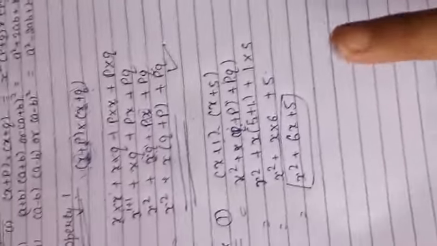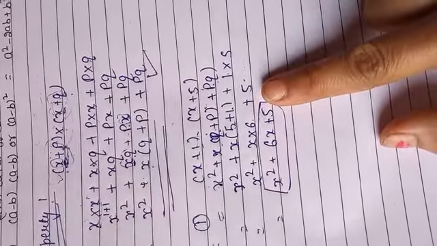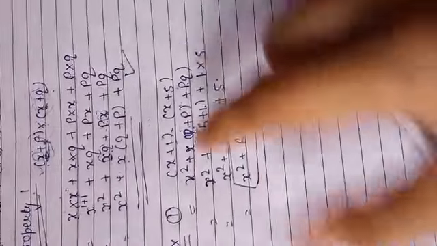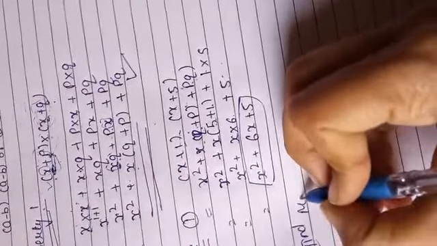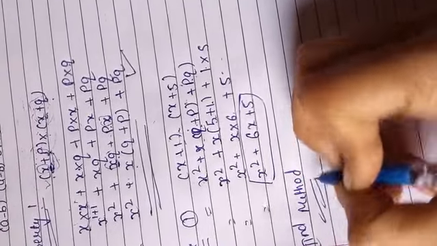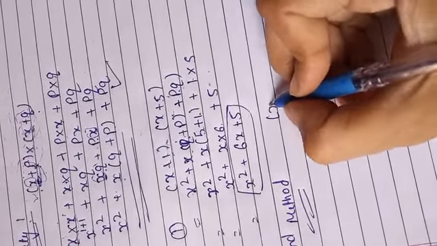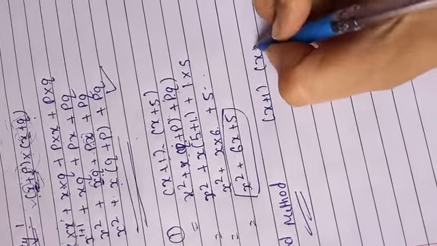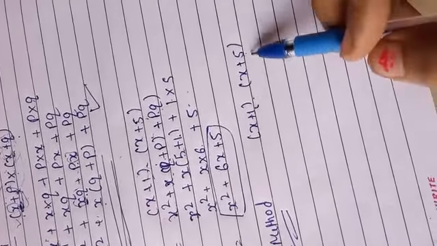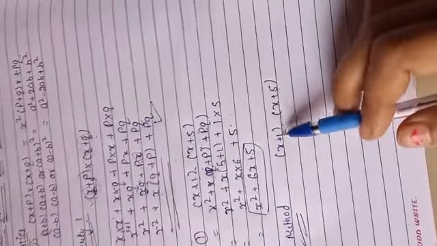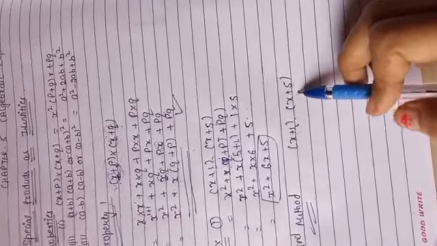This is the first type to solve this multiplication. You can multiply like this also. Second method to solve the product, you can also multiply like this, x plus 1 and x plus 5. So we have to multiply both the binomials, and you know how we multiply a binomial with a binomial.